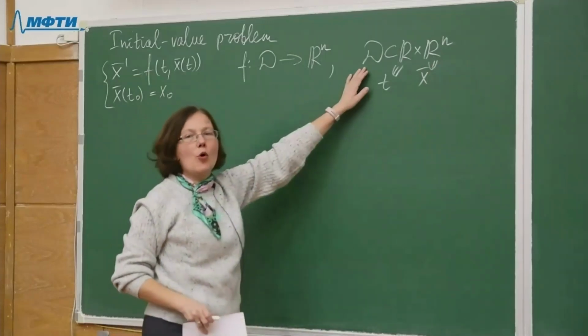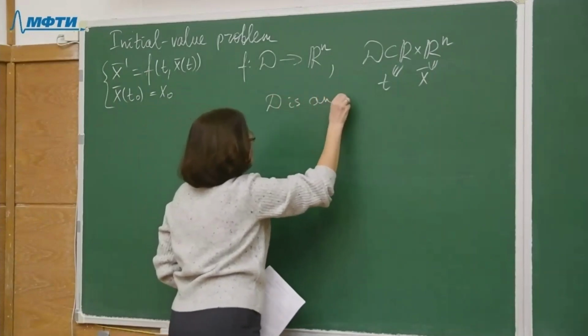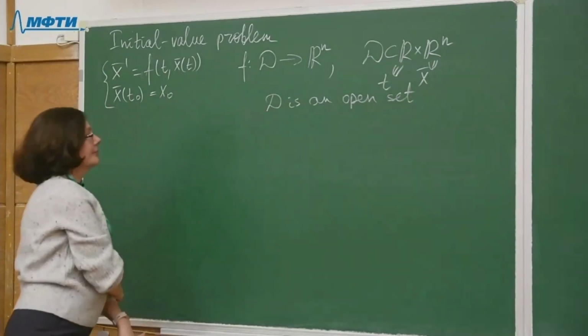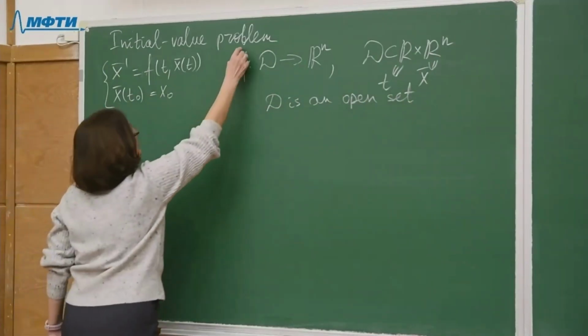D is some open set. F is also a vector function.